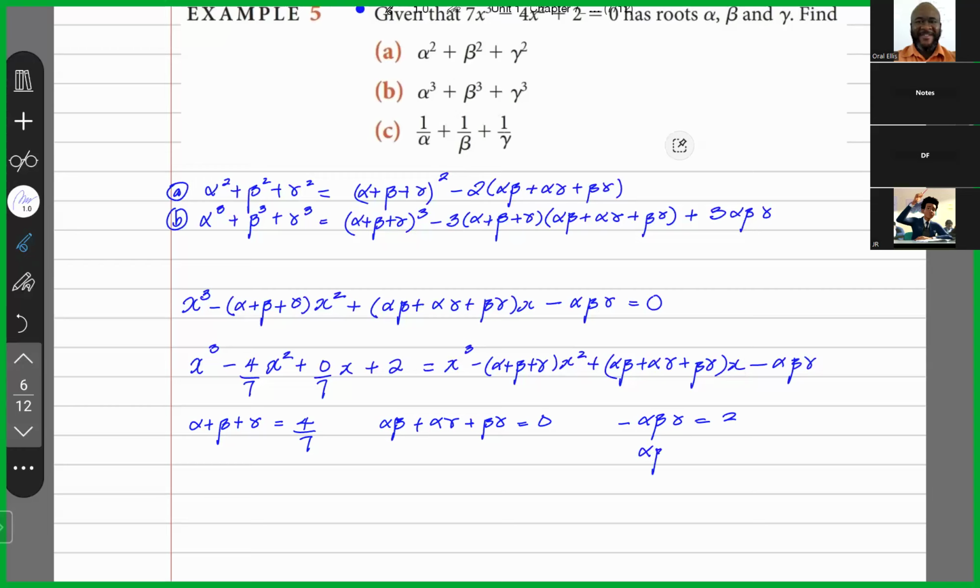So alpha beta gamma would be equal to minus 2 over 7.